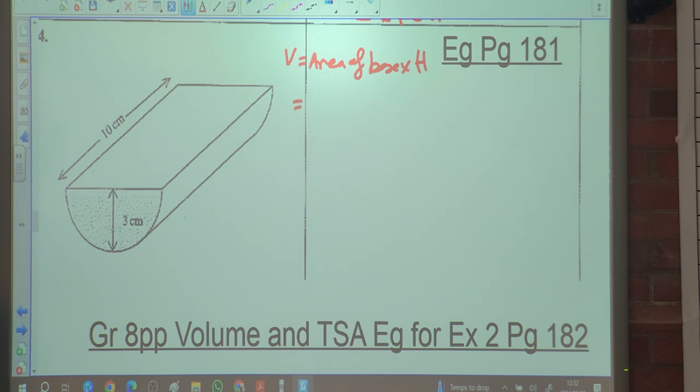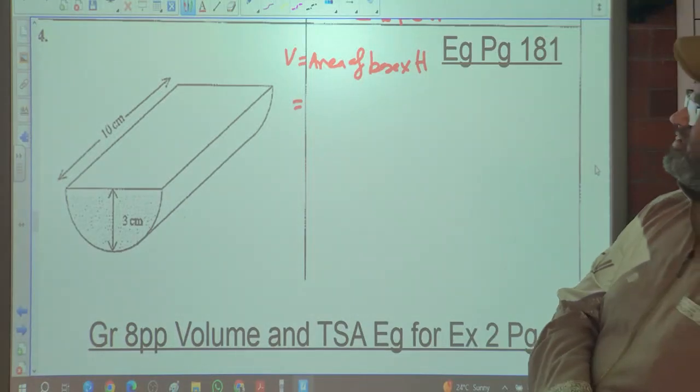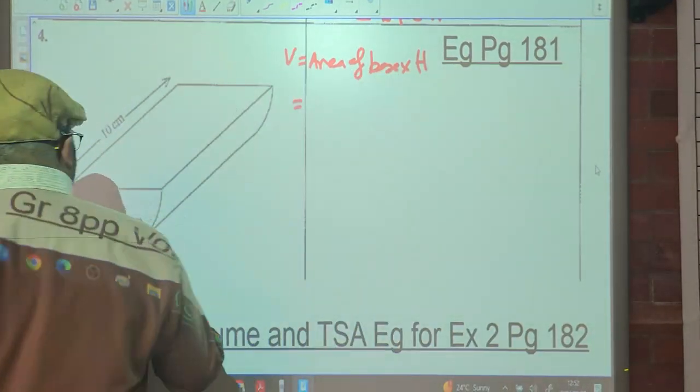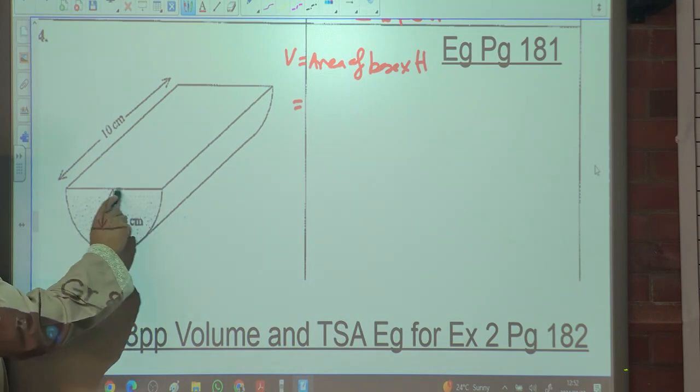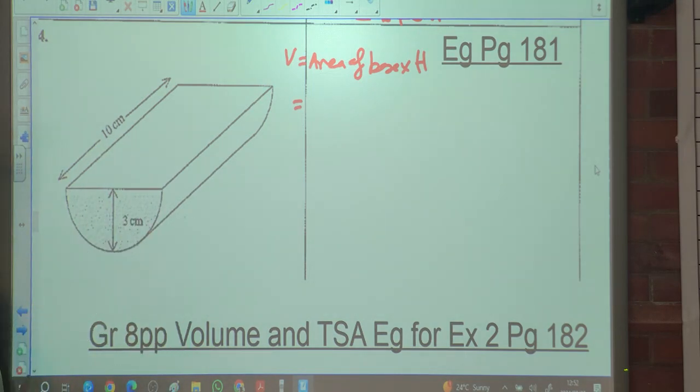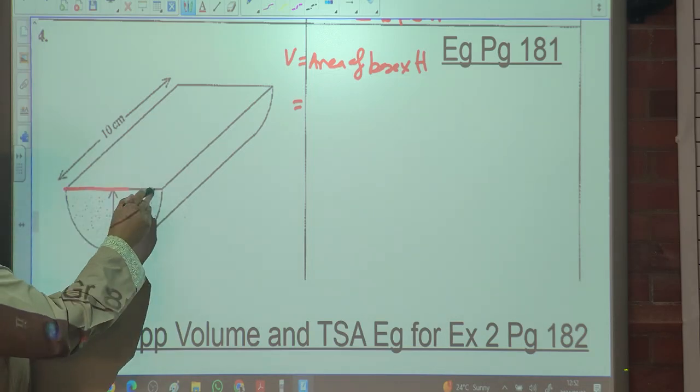Right, listen. So looking here, the area of the base. So what type of base is this? Half circle, which is a semicircle. So what happens?